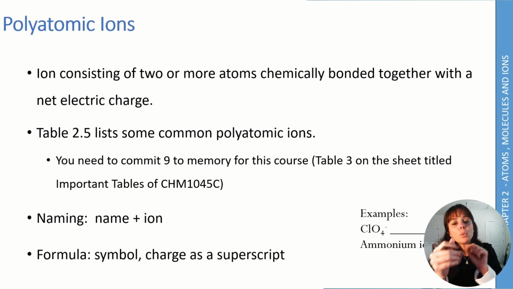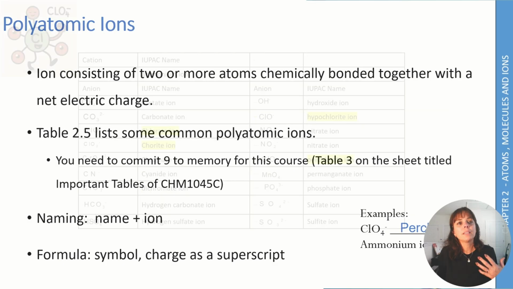Table 2.5 that you have on Canvas has some common polyatomic ions. You need to memorize nine of those. Table 3 on the sheet, titled important tables, look at that. You name them with the name plus ion, and the formula is the symbol, charge, superscript. Like here we have perchlorate, and you need to look at the periodic table.